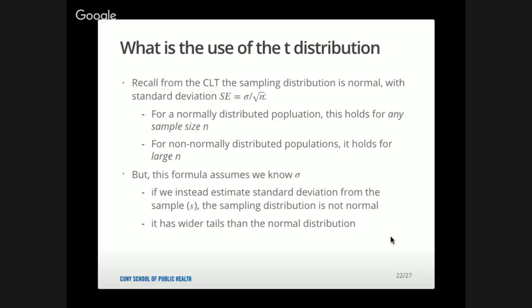Normally, we're going to have to estimate the standard deviation from the sample. So you're going to have your 30 individuals. You're going to estimate the standard deviation, and it turns out then that the distribution has wider tails than the normal distribution.